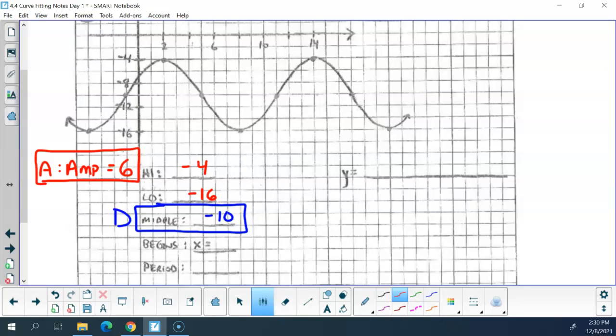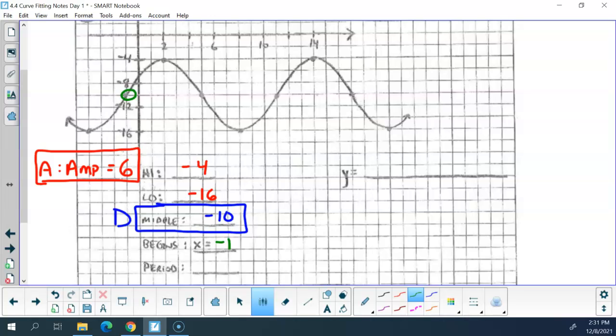Now this asked us for a sine curve. Where does sine start: low, middle, or high? Starts in the middle. So what would an applicable start be to a sine curve? X equals negative 1. Would x equals 5 work? Because it's going down, you mean?